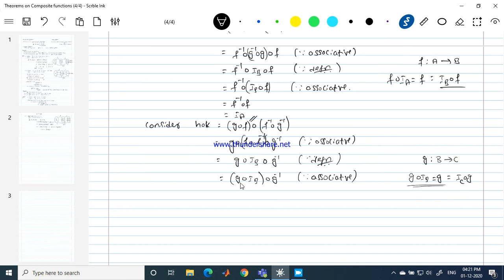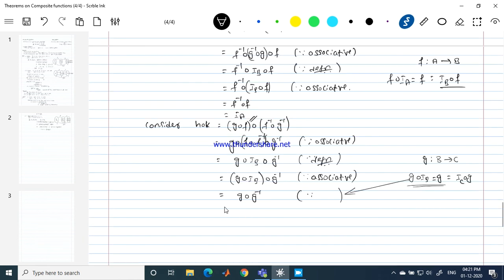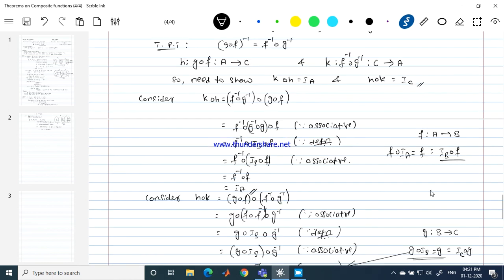We have IB composition G here, that becomes G. So G inverse composition G is given by IC, once again from this property. So this is what we had to prove: K composition H is equal to IC.